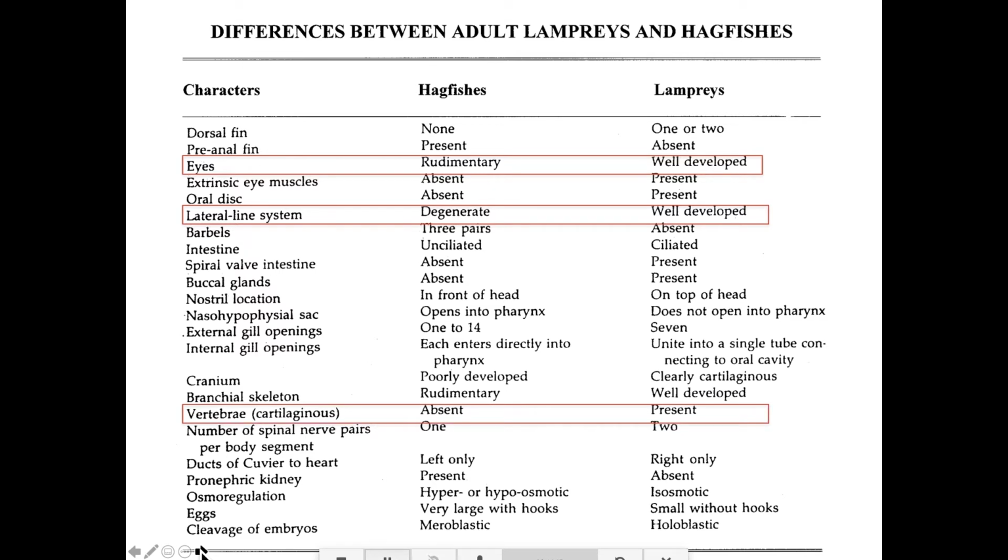In hagfish, they do not have a vertebrae, but in lampreys, they have a cartilaginous vertebrae. Finally, barbels are present on hagfish. They have 3 pairs, while lampreys do not have barbels at all.